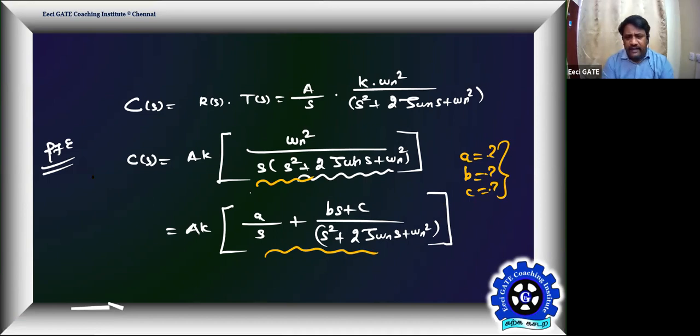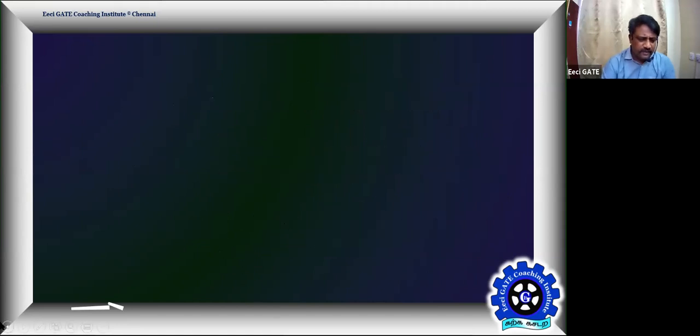Then we'll adjust each term, each component of this C of s, so that we can apply the inverse Laplace transform and quickly get into the time domain. That's the plan. So let us do partial fraction expansion first.